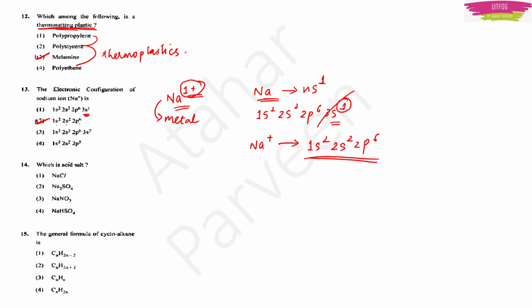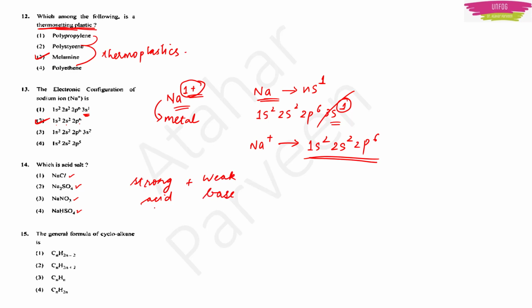So the next question we have is, which is an acid salt? The options are given as NaCl, Na2SO4, NaNO3 and NaHSO4. An acid salt is actually a salt which is formed by the action of strong acid plus weak base.